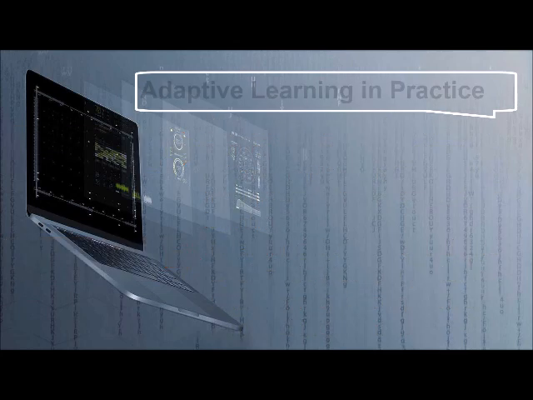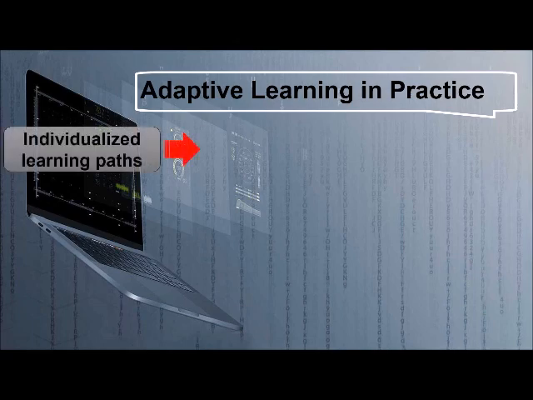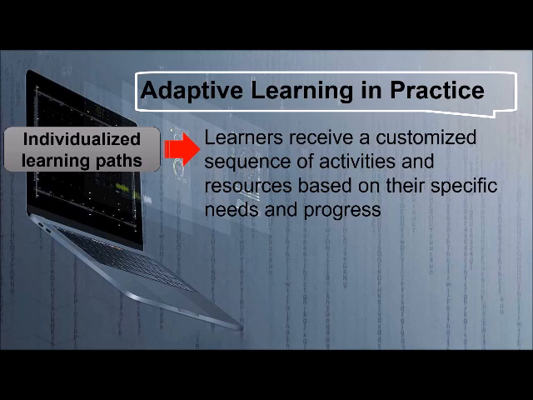So, adaptive learning in practice. One of the adaptive learning practices is the individualized learning paths. Learners receive a customized sequence of activities and resources based on their specific needs and progress.